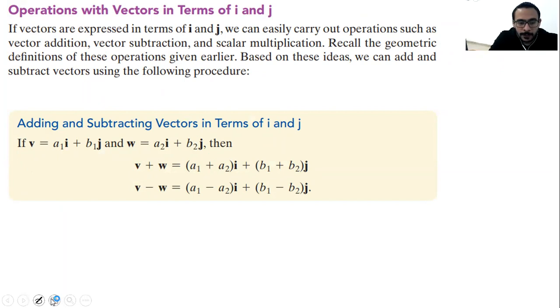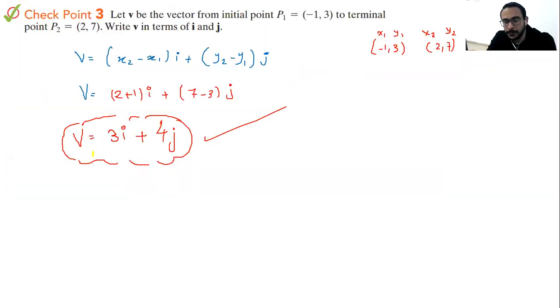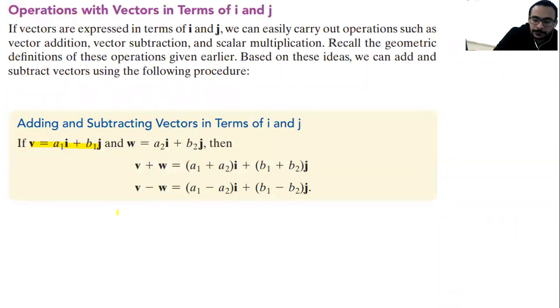When we have two vectors, the first vector V equals A1I plus B1J and another vector A2I plus B2J, then the sum and the difference between the two vectors.